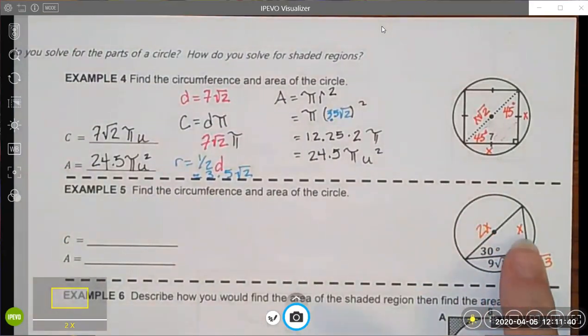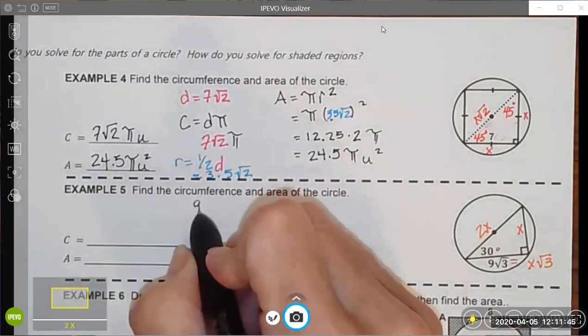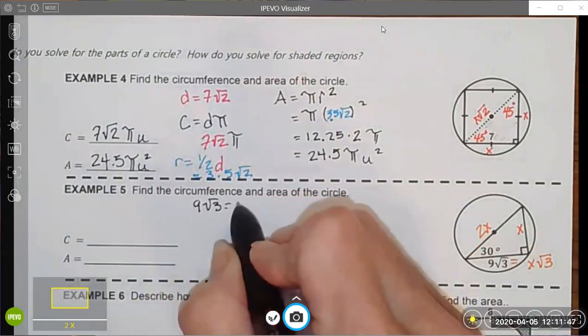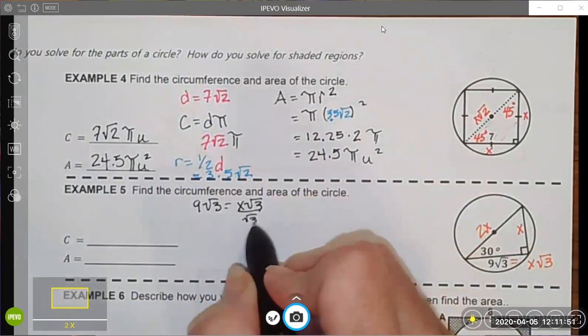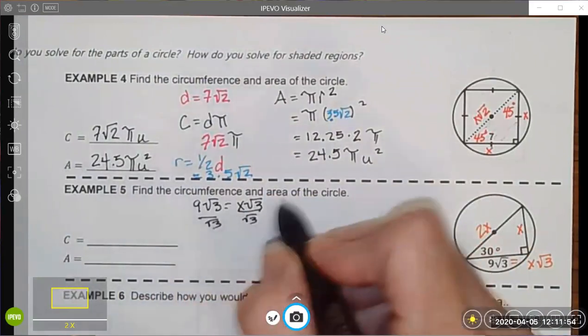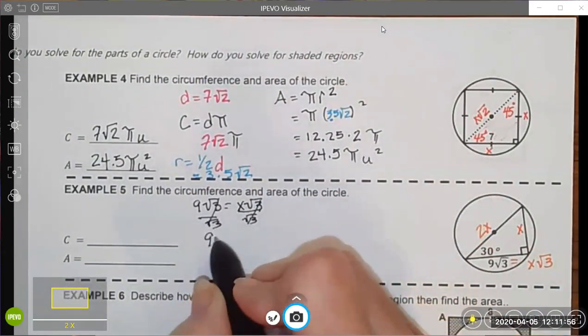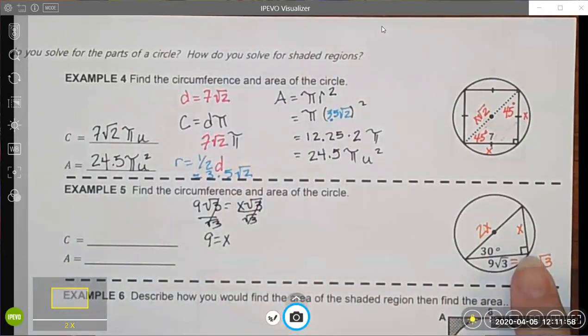Finding the value of x will allow me to find the diameter of my circle. 9 square root 3 is equal to x square root 3. And when I simplify by dividing by the square root of 3 to isolate my variable, I learned that the short leg of this triangle is 9.